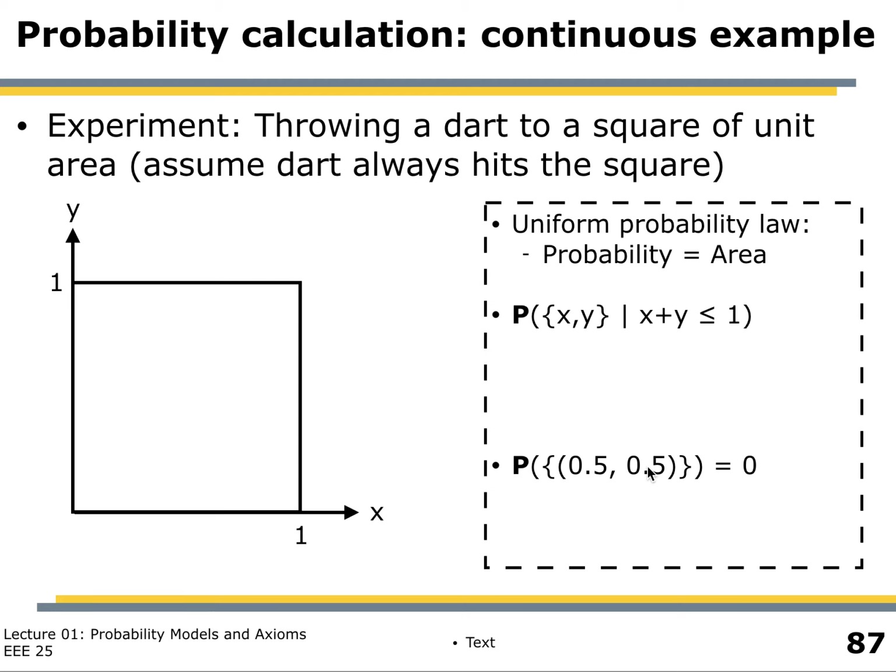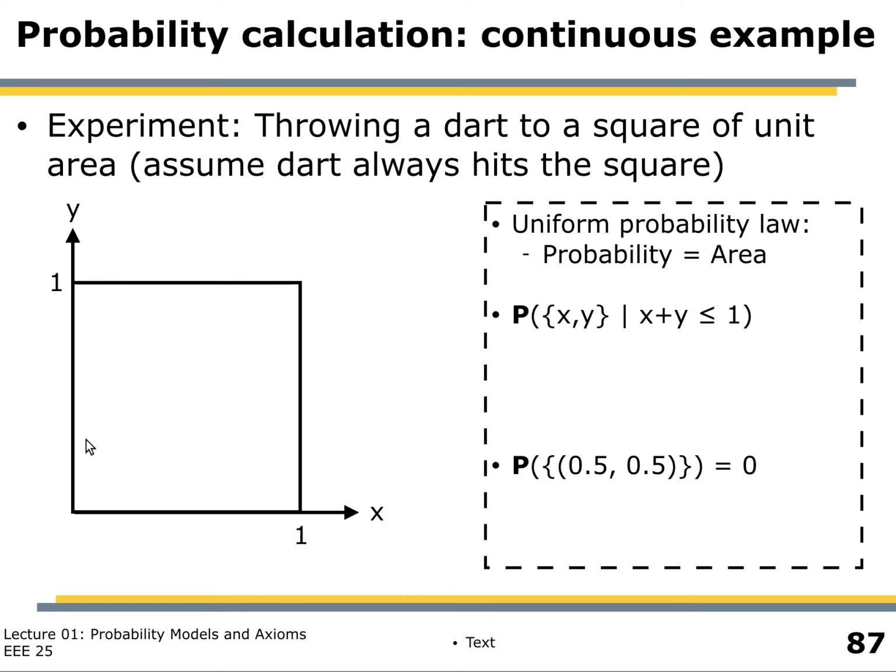The answer to that question is actually 0, because if you consider this outcome with the rest of the possible outcomes in the sample space, the ratio of area between this point and the other points in the sample space would be relatively small, and for convenience, we just assign it a value of 0.